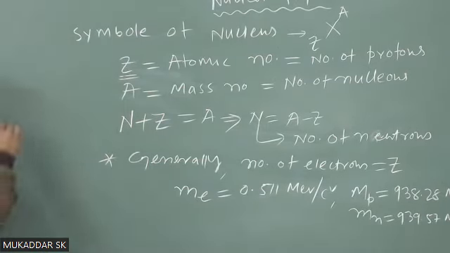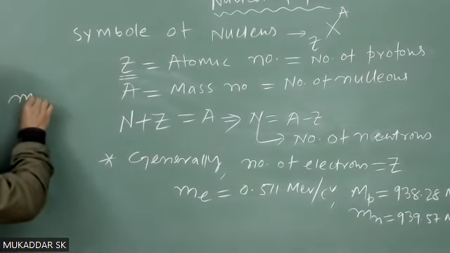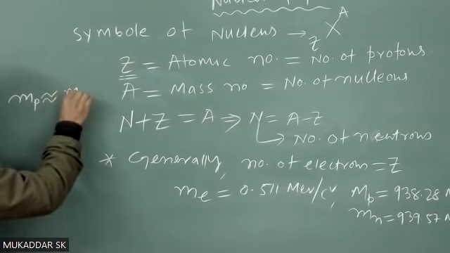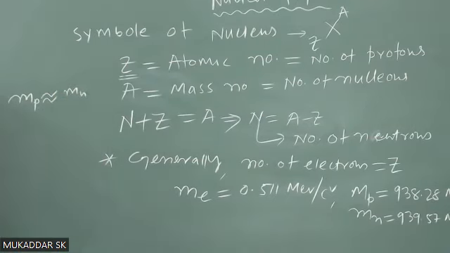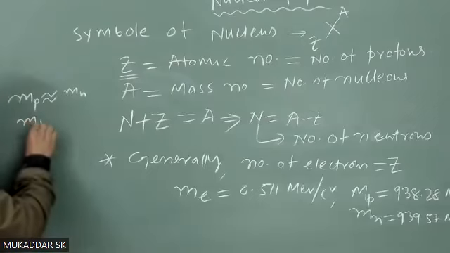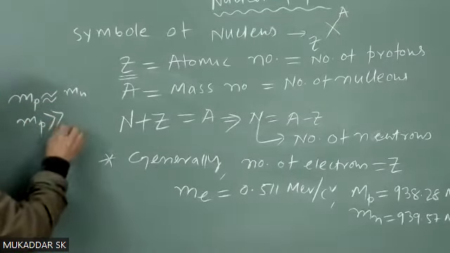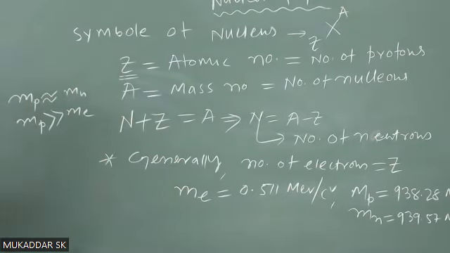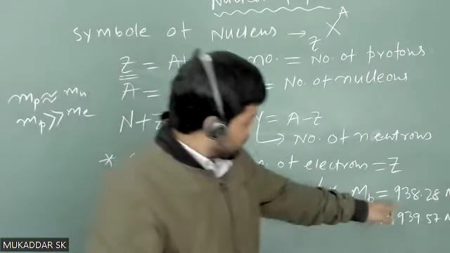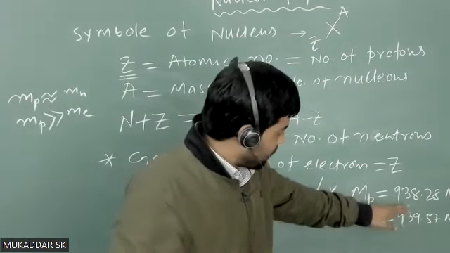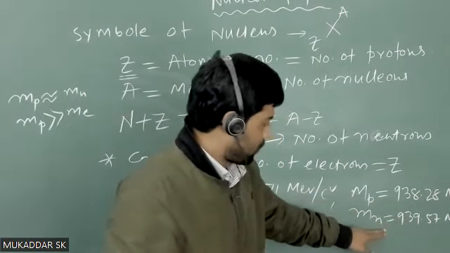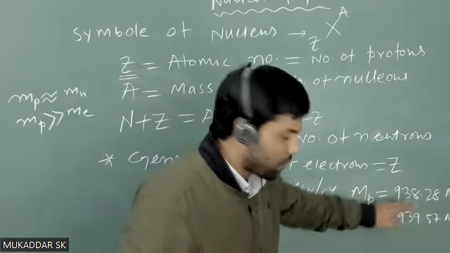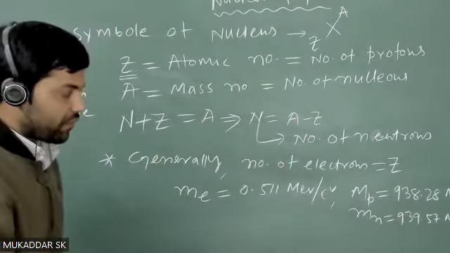So what I can say is that the mass of a proton is almost the same as the mass of a neutron, but the mass of a proton is much greater than the mass of an electron. But please keep in mind there is a slight difference between the mass of a proton and a neutron. The mass of a neutron is slightly larger than the mass of a proton. Why am I saying this?